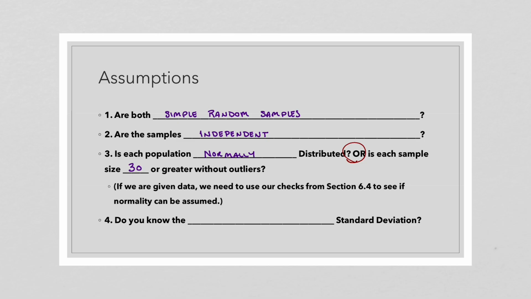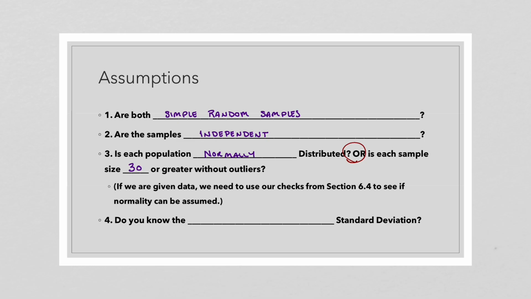You should be checking to see if the shape of each group is normally distributed or bell-shaped. We should be looking at their box plots and making sure that neither one has more than one outlier. And then we should also be looking at their normal probability plots and asking ourselves if the data seems to be falling in a relatively straight line.